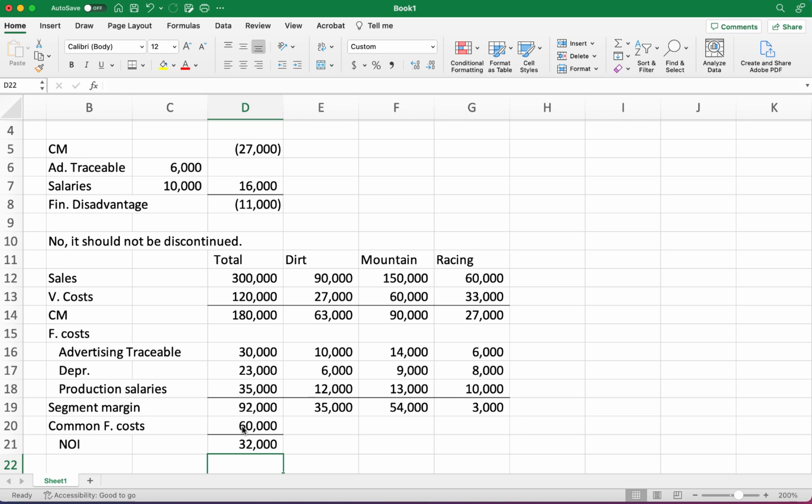Okay, it did not change, right? If you look at the total column, the numbers are still the same. The problem was, in the book, the author or the managers of this company incorrectly prepared the formatted segmented income statement. Okay, so this was a review.